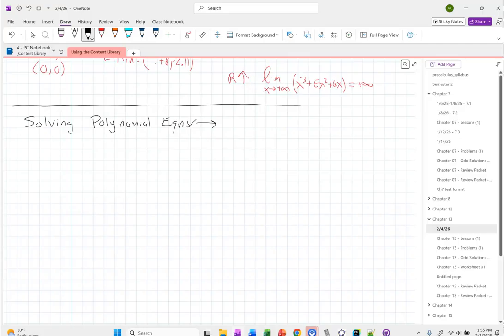Which is equivalent to finding the zeros, or which is equivalent to finding the roots. You can kind of use all that verbiage interchangeably. That if I can do this one, I can do this one, I can do this one. Okay?